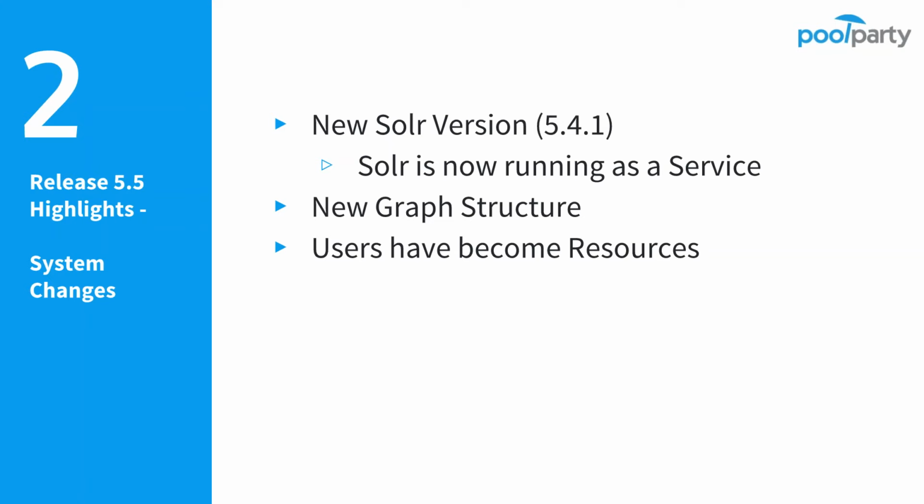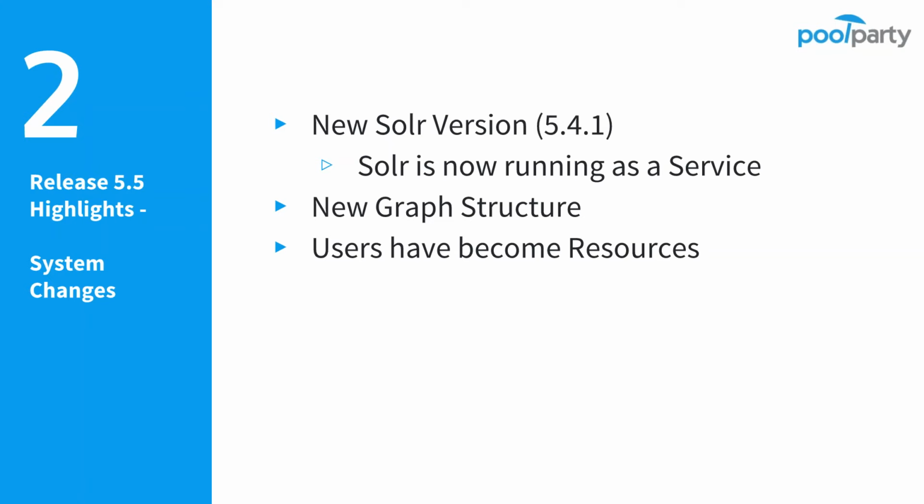And that also means Solr is not the web application installed in the bundled Tomcat anymore. It's a standalone service, a server that will be installed with the PoolParty application.